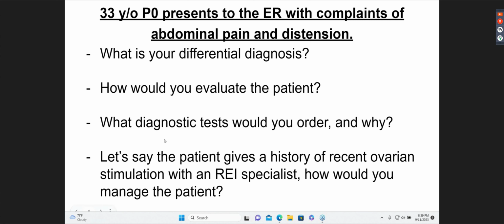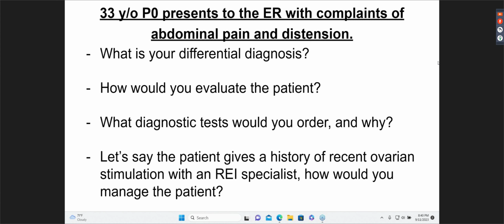So how would you manage the patient? I would manage this patient by treating her symptoms. I want to say that sometimes these patients need anticoagulation, but I'm not 100% sure of that and would have to look that up prior to treating her.